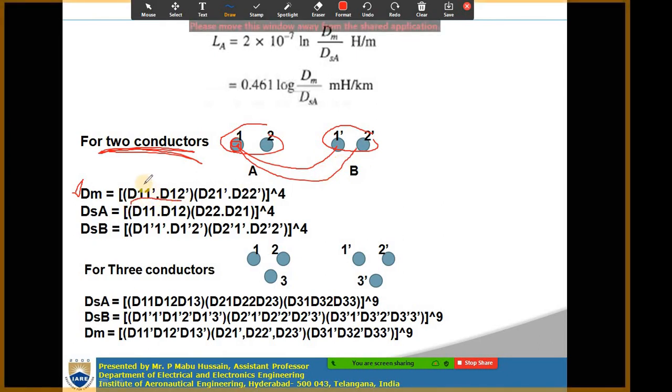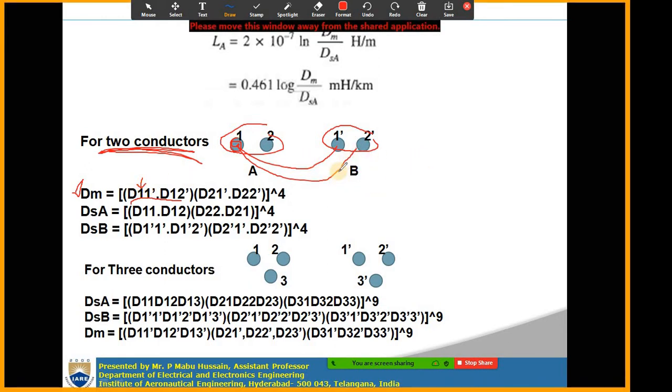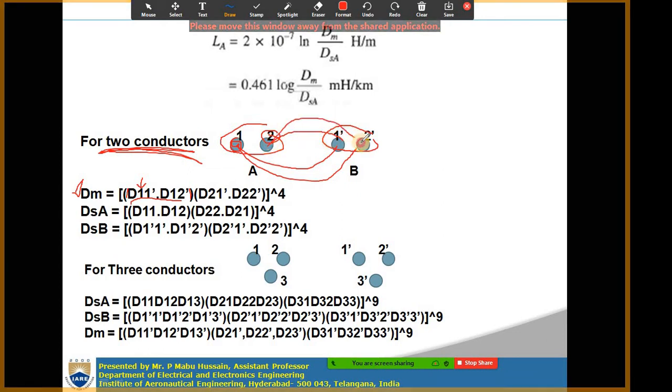Okay. You first consider the first filament, and write the mutual distances to all the filaments in conductor B, right. In a similar way, this is one set, and for the second set you write the mutual distances from the second filament, or second strand, to 1 dash and 2 dash.